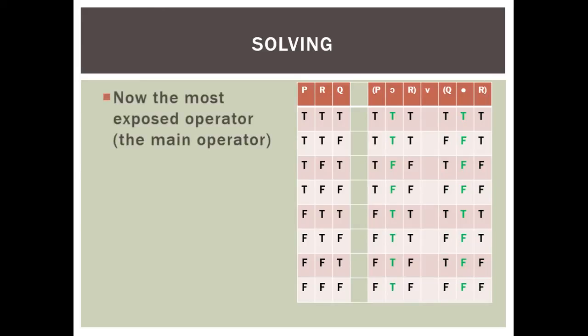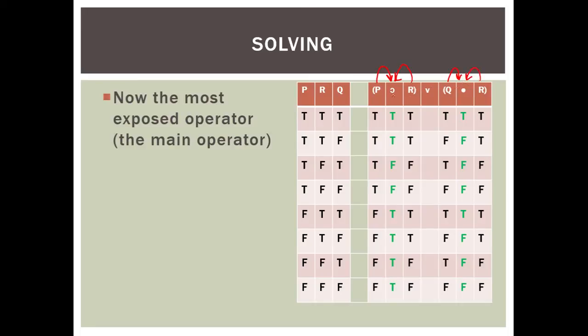Okay, now we're going to work through the most exposed operator, the main operator. That's the last thing we do. Before we solve that wedge, let's go ahead and talk about what we're doing here. The first step we took was used the P and the R to solve that horseshoe. Then we used the Q and the R to solve the dot. We solved those two things separately.